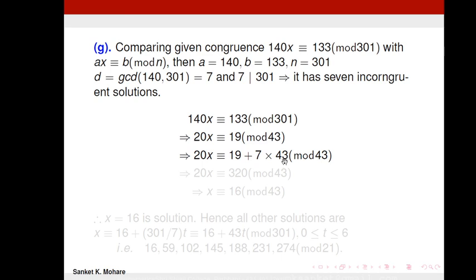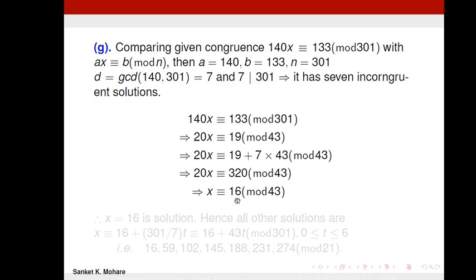Here, as a multiple of 43, we add 7 times 43 to 19, so that 20 can divide this. So this implies 20x is congruent to 320 modulo 43, which implies x is congruent to 320 upon 20, that is equal to 16.